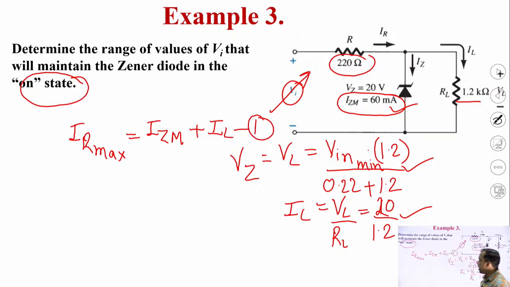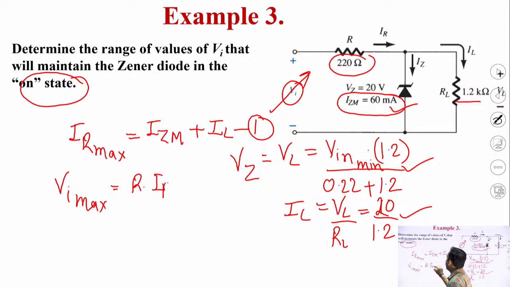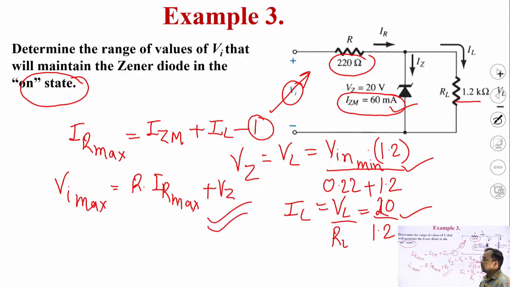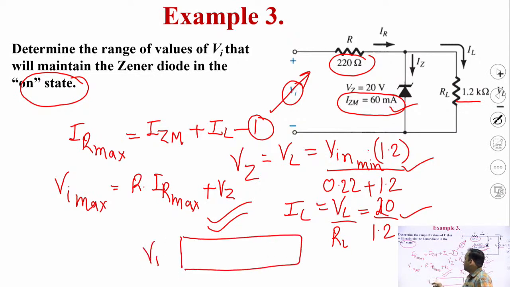Once this IR max is known, we can use this value to obtain the maximum value of input, which can be given as R multiplied by IR max plus Vz. So by solving this relationship, we have a satisfactory range for input voltage where the circuit is working as the voltage regulator.